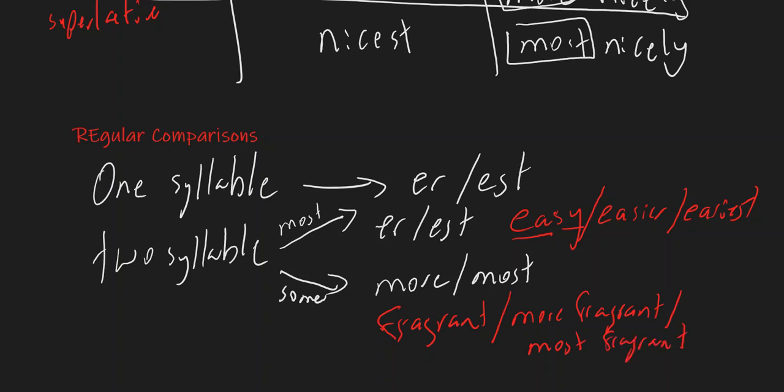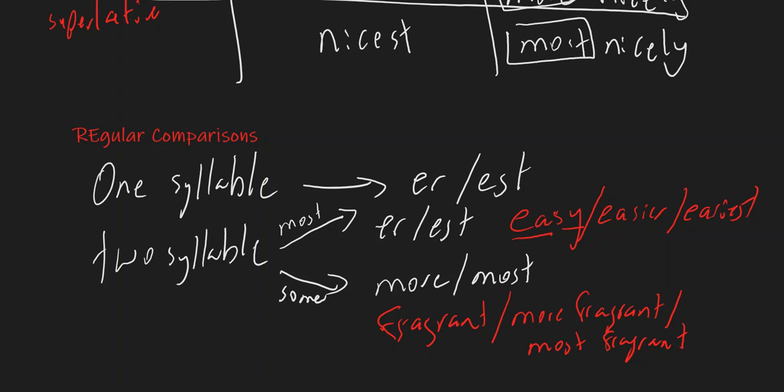Now there are no basic rules when to use more or most or er or est in a two-syllable word. What you have to rely on here is your sound, the sound to the ear. And if you're not sure, you can always check any reference, which is in this case a dictionary.